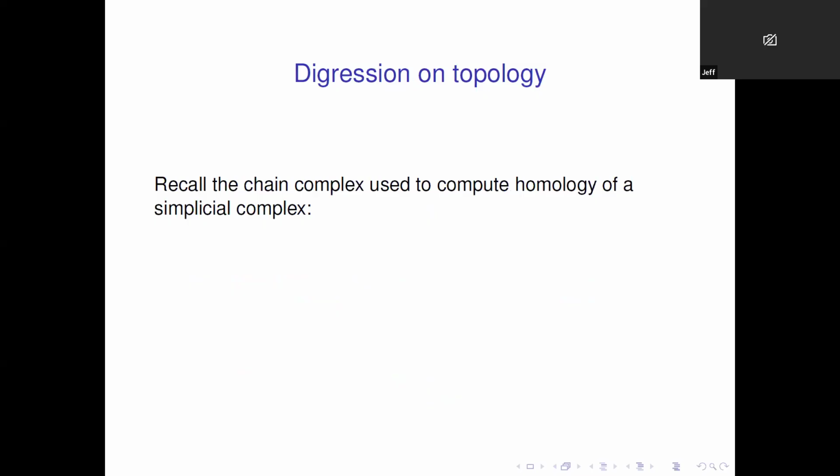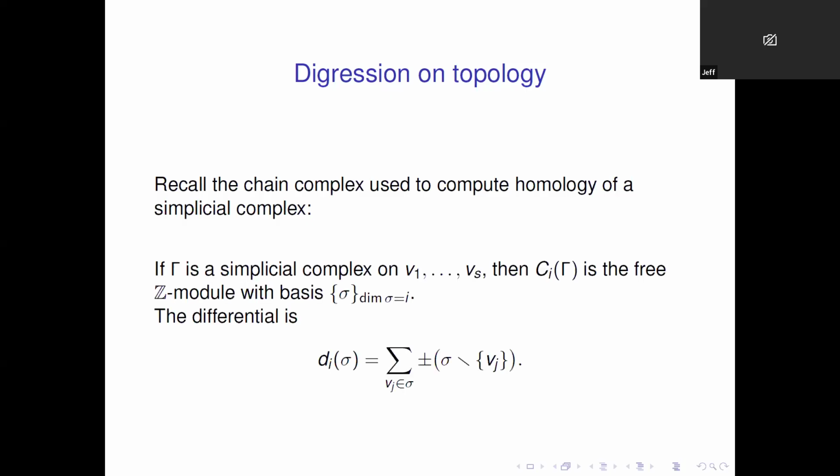So that's sort of a universal resolution, which is not minimal for an arbitrary ideal. But I want to pause and take a digression into basic algebraic topology because they are closely related, and the topology gives us some good, useful intuition for what's going on. So if you have a simplicial complex gamma on some variables v1 to vs, then you're going to build a chain complex in order to compute the homology of the underlying topological objects.